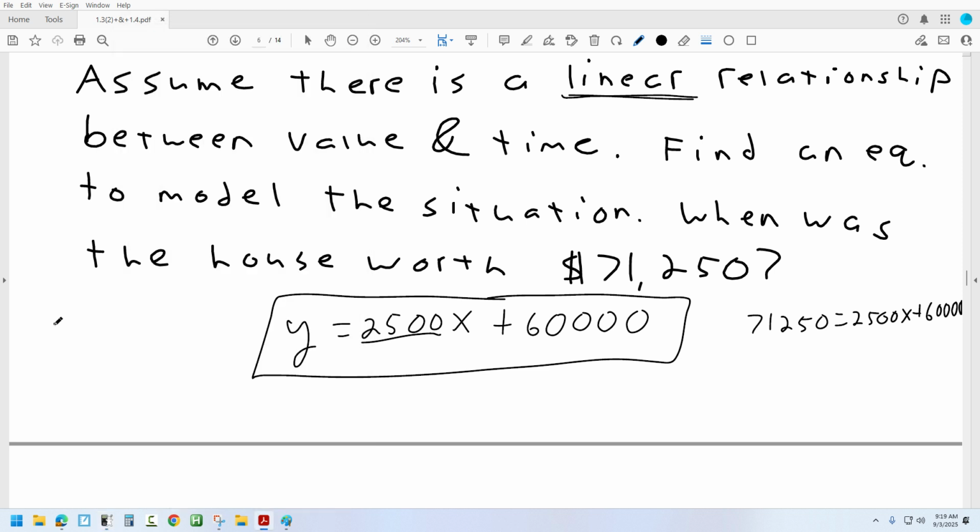So when was the house worth 71,250? After 4.5 years. Any questions on how we came up with that equation and then used it to solve that problem?